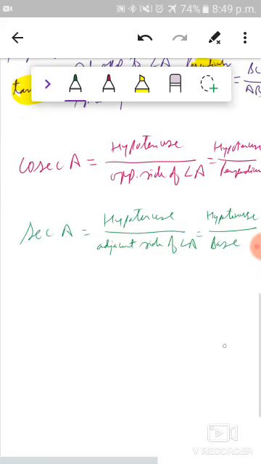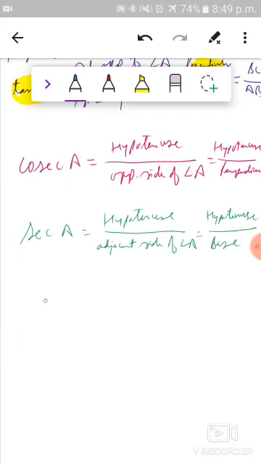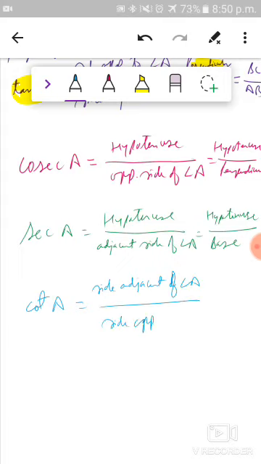Okay, and then at last we say cotangent, which is called cot. Cot A is what? That is the ratio of the side adjacent to angle A and the side opposite of angle A, right?